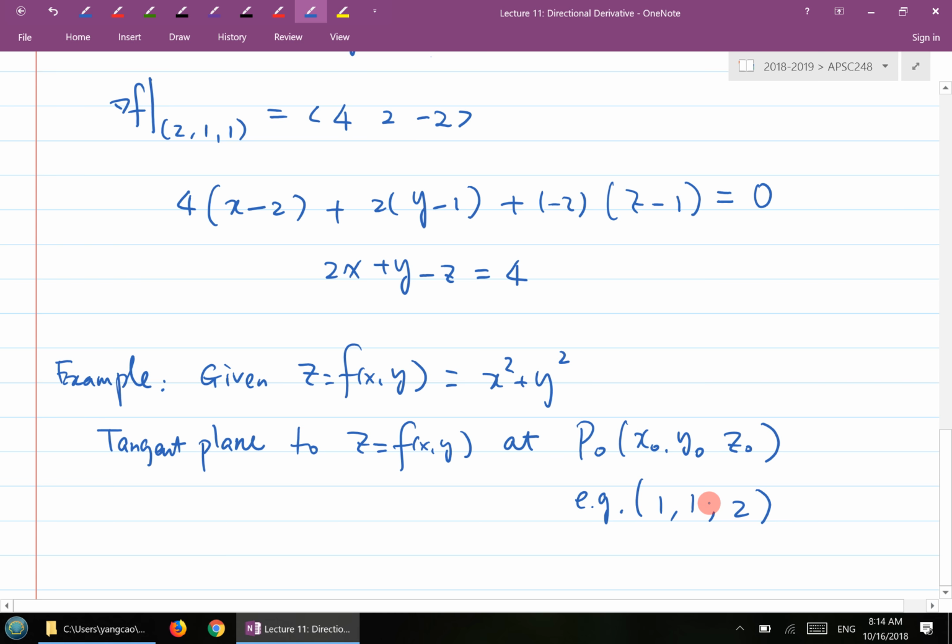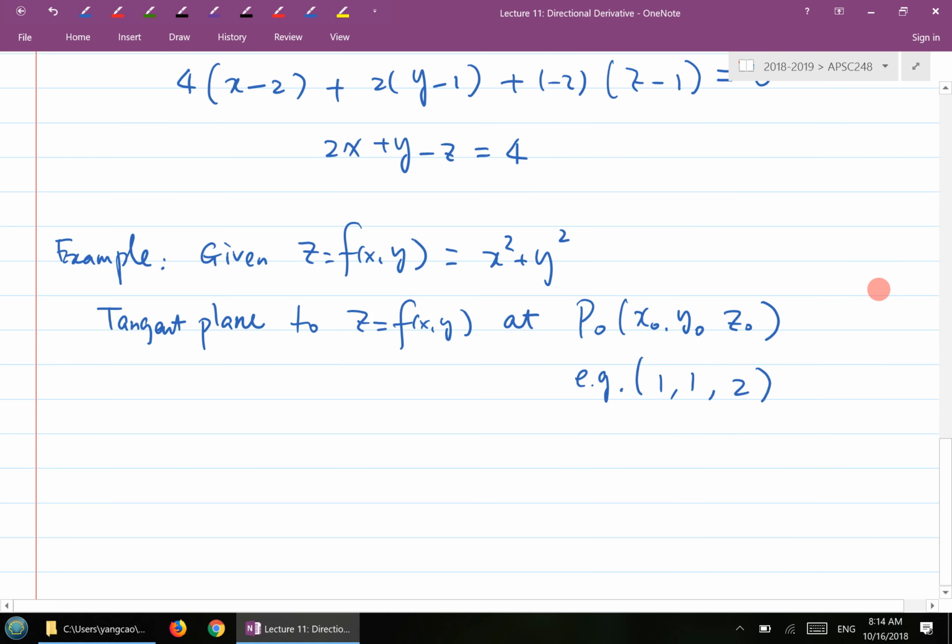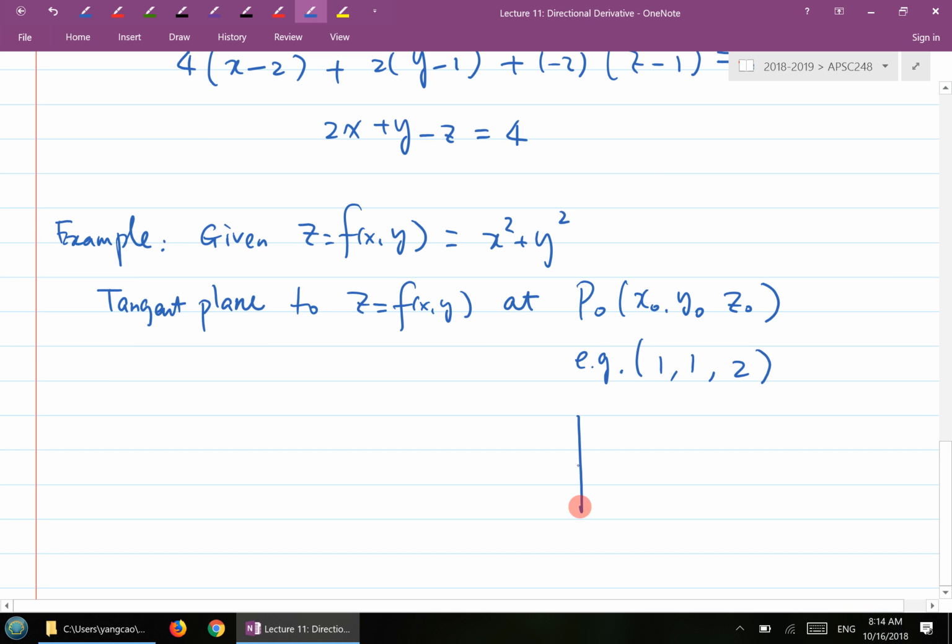If I plot this out, you have a paraboloid, and (1, 1, 2) means that if this is 1, this is 1, and it goes up, that's 2 here. So this point is the P naught point.